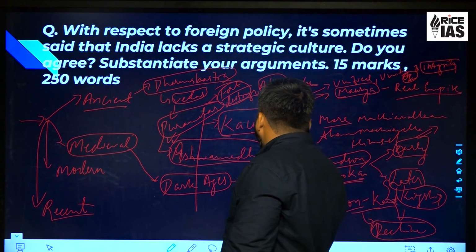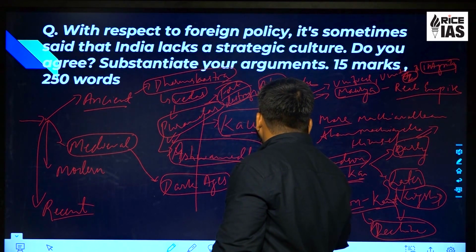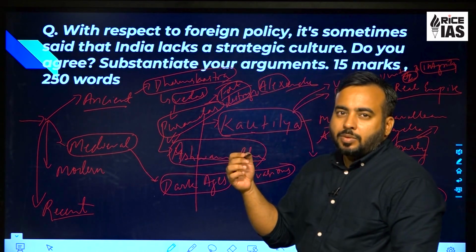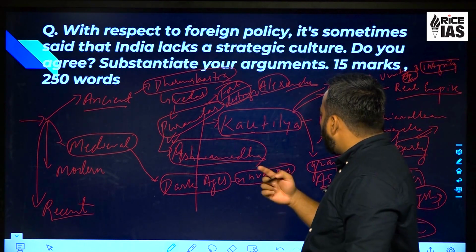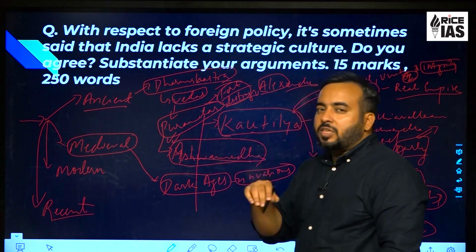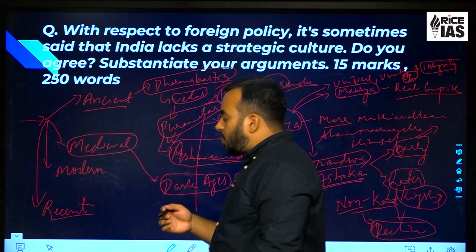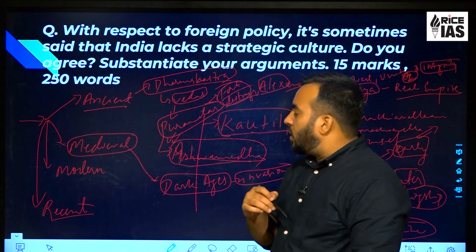So dark ages, a series of invasions. Some of the invaders did not go back after loot and plunderings. They integrated themselves into the Indian culture. Chief among them are the Delhi Sultanate and the Mughals.